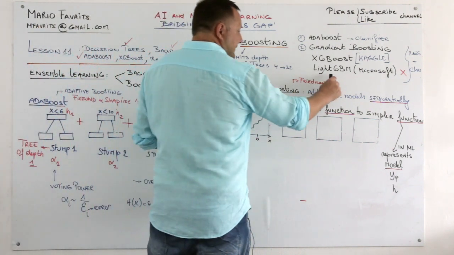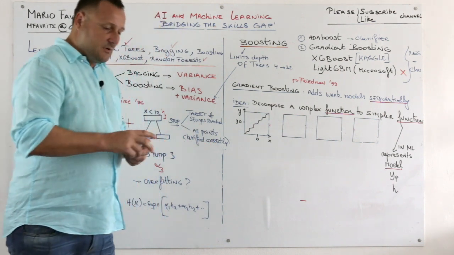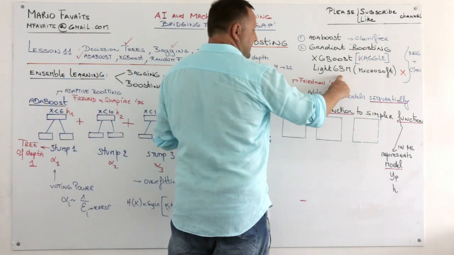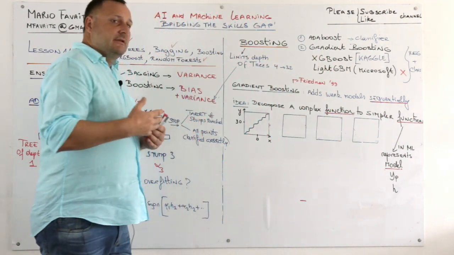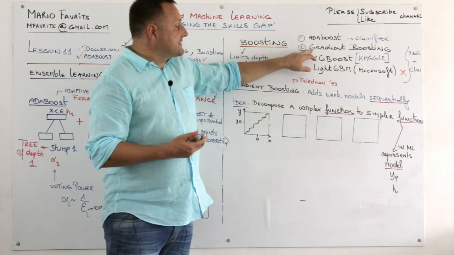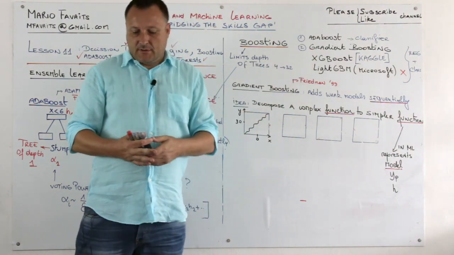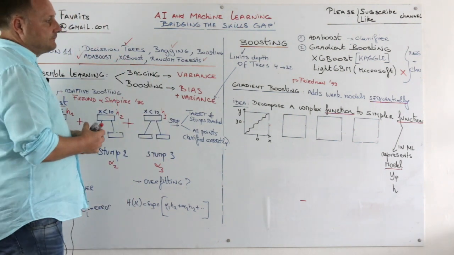Another one is LightGBM, developed by Microsoft. We will not go into detail on LightGBM. Definitely not. For XGBoost, we will tell you what the difference is with traditional gradient boosting, and we will use it in the coding exercises of this chapter.